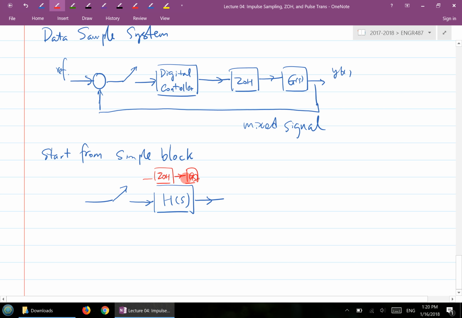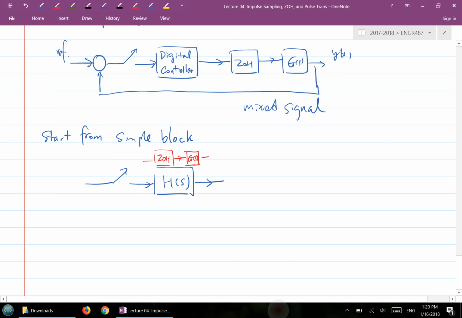You can multiply them together to get one single H block. Either way, let's look at this one. Here is your input x of t, here is your impulse sampler, and here is your x star of t.